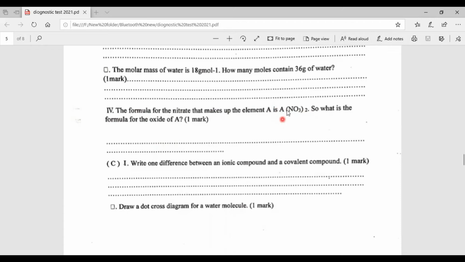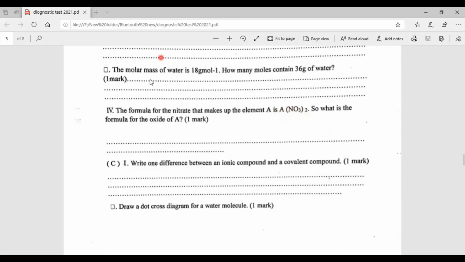Here A combined with nitrate, we know the valency of the nitrate ion is 1. So when sharing the valencies of the 2 parts of this compound, the nitrate's valency 1 goes to the A and the A's valency goes to the nitrate. Here the A's valency is 2.